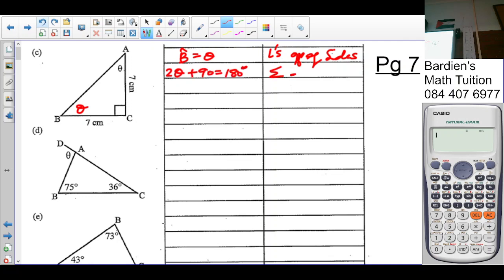Why? Sum of angles of a triangle. That is triangle ABC. Okay. You take 90 over the equal sign, so 2 theta is equal to 180 minus 90, which is 90 degrees. So theta works out to be 45 degrees. Okay?